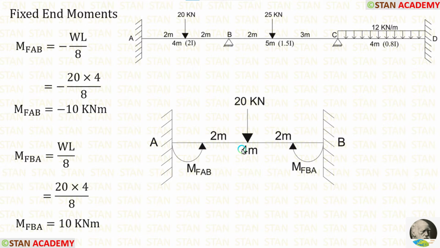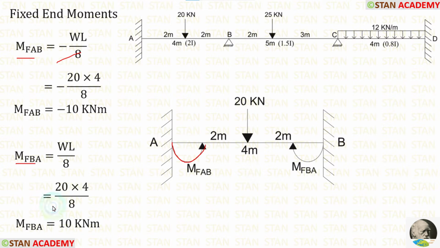In the span AB, we are having a point load. This point load is acting in the center. We have already seen the fixed end moment formulas minus WL upon 8 and positive WL upon 8. M of AB will be negative because it is acting in the anticlockwise direction.